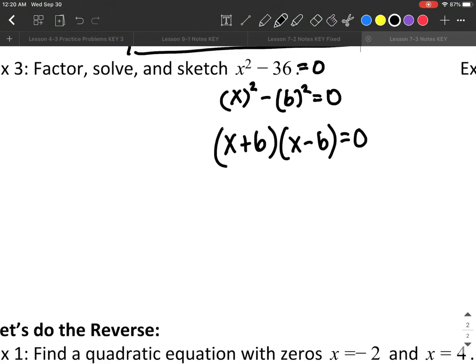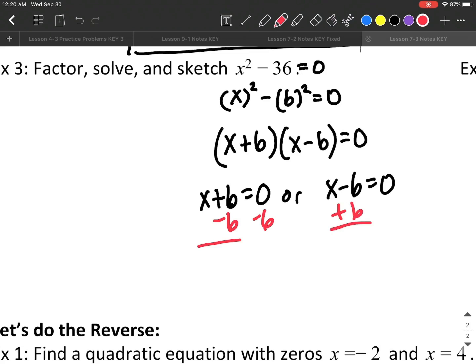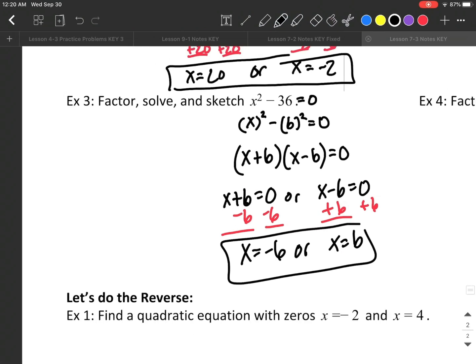That tells me I can write two equations here. I know one of these two things has to be 0. So I can say either x plus 6 is equal to 0 or x minus 6 is equal to 0. And then I solve those two: subtract 6, add 6. And I got x is equal to negative 6, or x is equal to 6. Done.